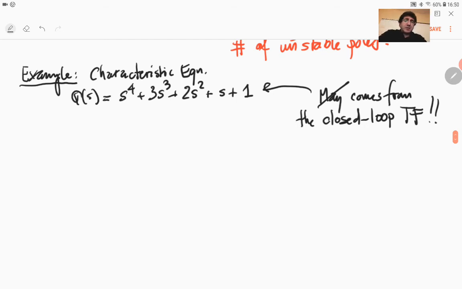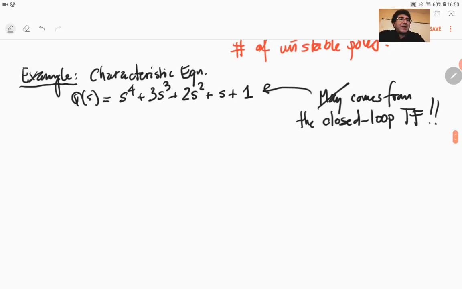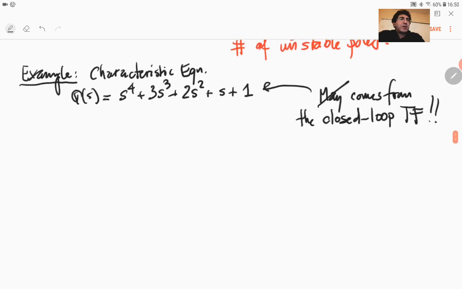Now, the problem here is that this is a fourth order polynomial. We cannot solve for the roots of this polynomial by hand. We can only solve for the roots, for example, in MATLAB or a numerical analysis package. In MATLAB, we can use the roots function to give the polynomial and get all the roots.